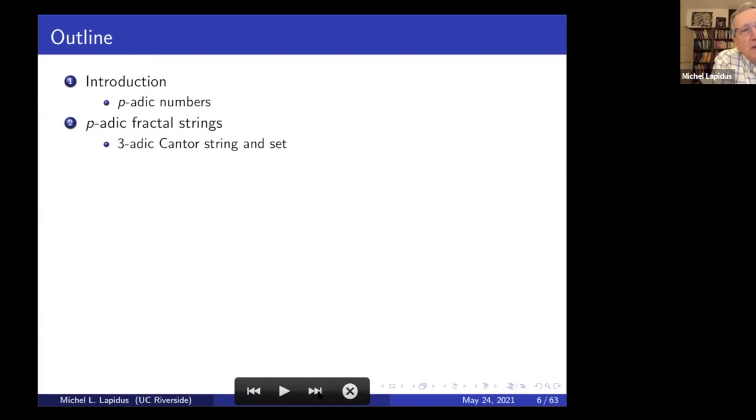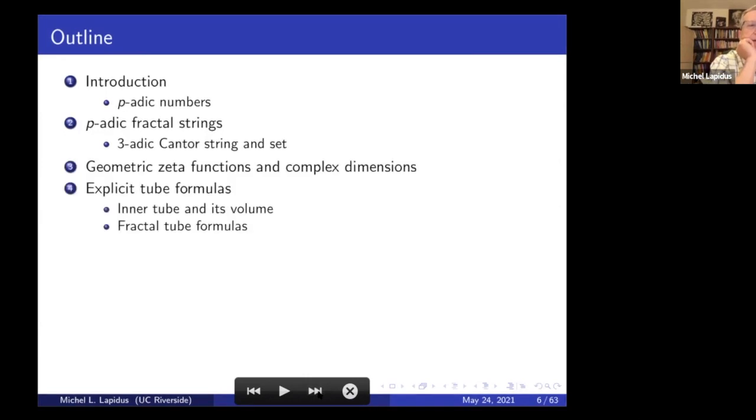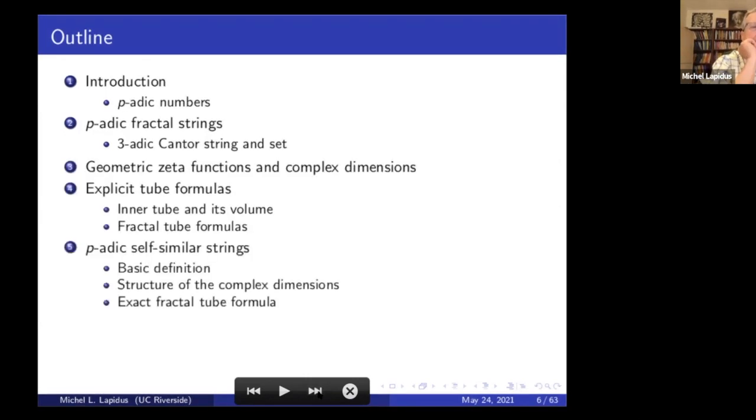And so let's talk about the plan. The plan of the talk is the following. We'll give a brief introduction, although I think it's probably not necessary for this audience, on p-Adic numbers. Then talk about p-Adic fractal strings, which is probably necessary for this audience.